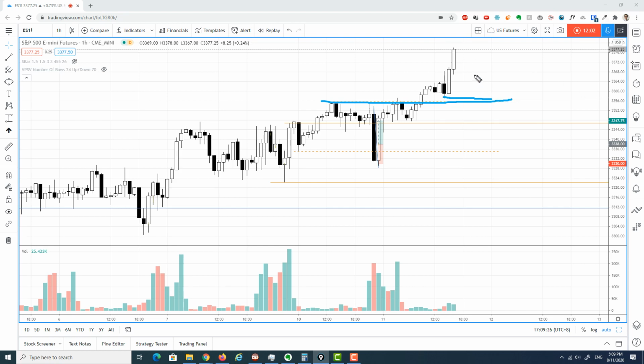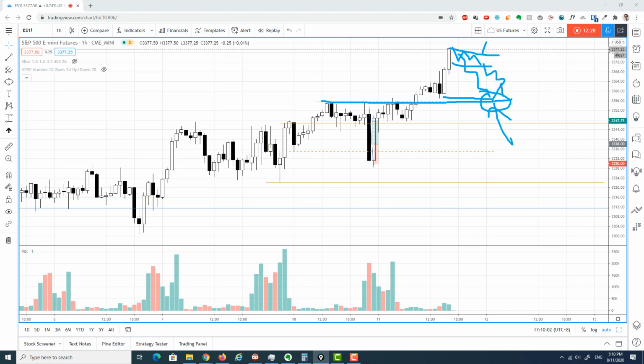So I think upon a reversal around this level, it could become a nice long entry here. Otherwise, we just need to base on the smaller time frame to see whether a smaller structure forms, in order to initiate some kind of trade either to the upside or to the downside.